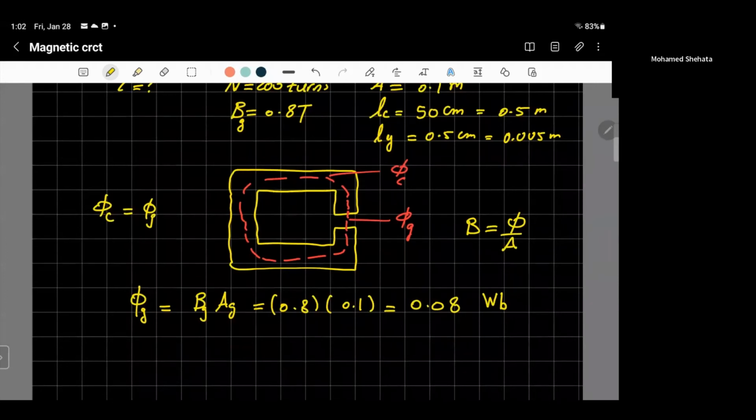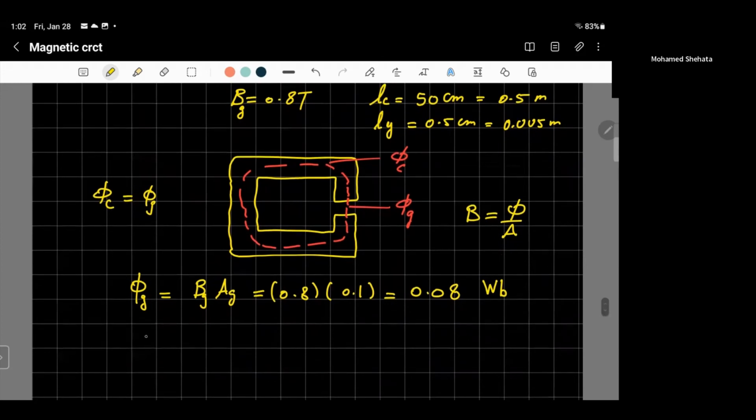H in the air gap. How do you find H in the air gap? There's a relationship between H and phi or B. B in general is equal to mu H, right? If you are talking about the air, it will be mu naught only, and that will be BG.